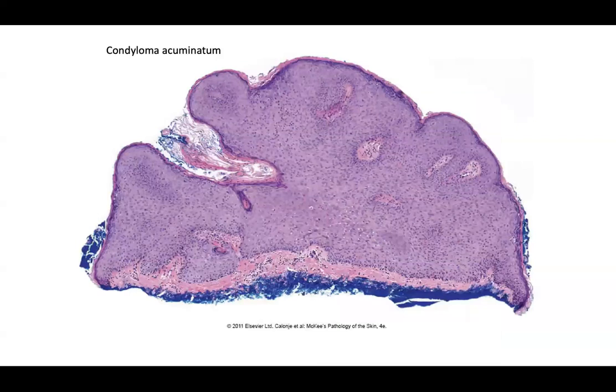So here's an example of Condyloma acuminatum. You can see that this would not be called squamous cell carcinoma in situ because the cells are not extremely atypical. You have relatively good maturation where you see a retention of the granular layer throughout.